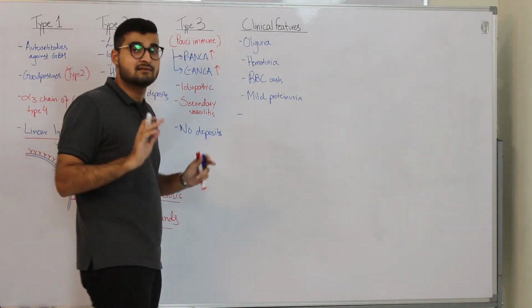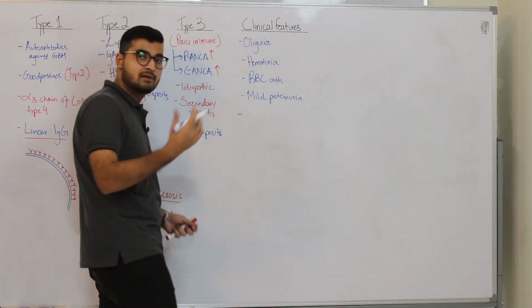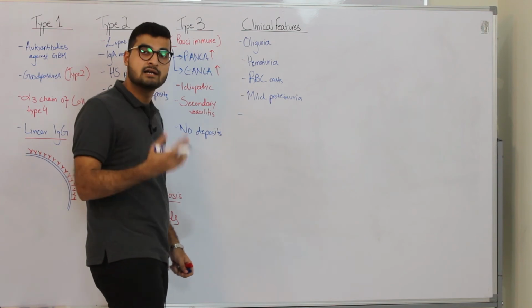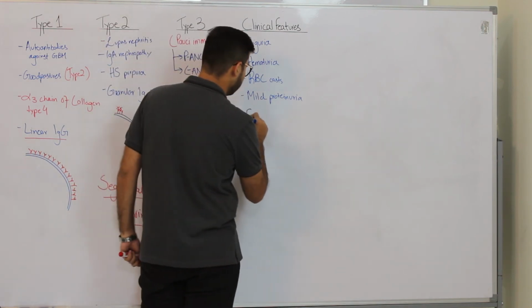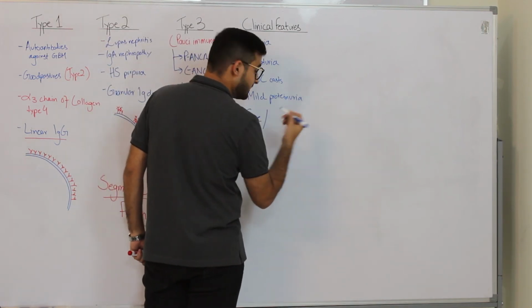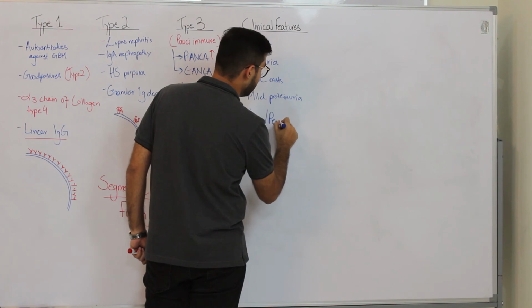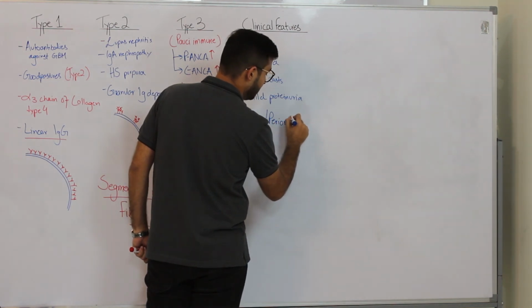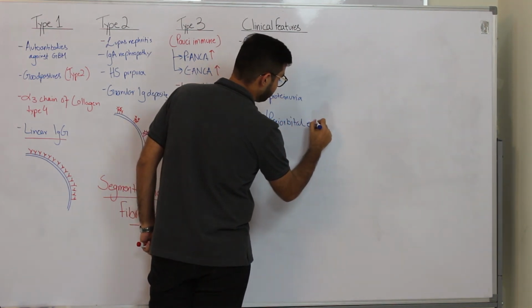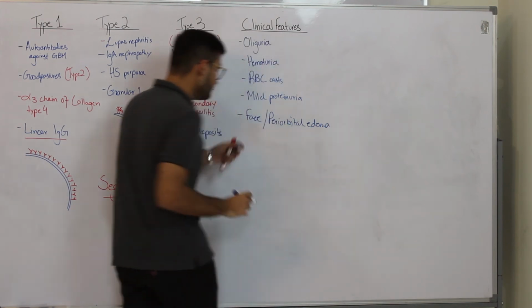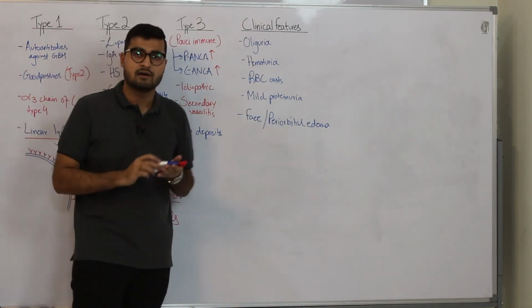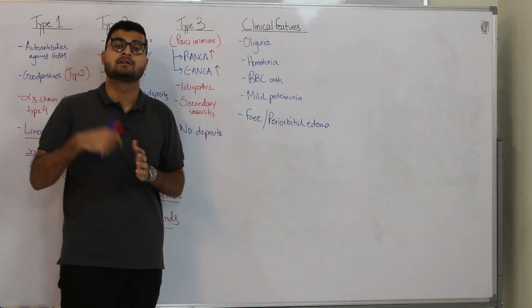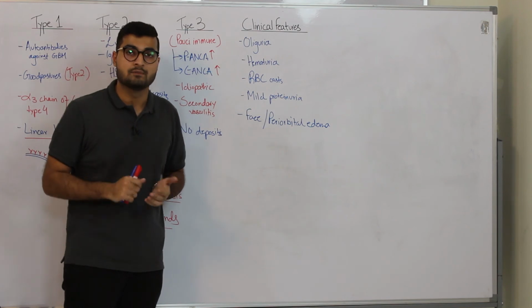That's it. Due to mild proteinuria, you will have mild edema, and that mild edema would be on the face, in the form of periorbital edema. So these are a few clinical features that you would see in a patient of RPGN.